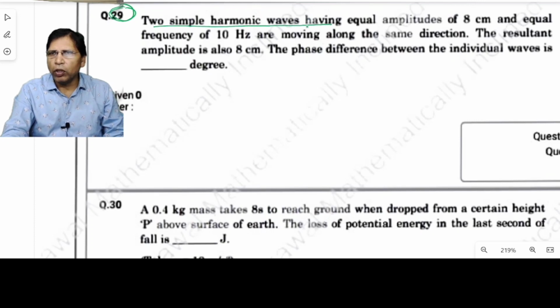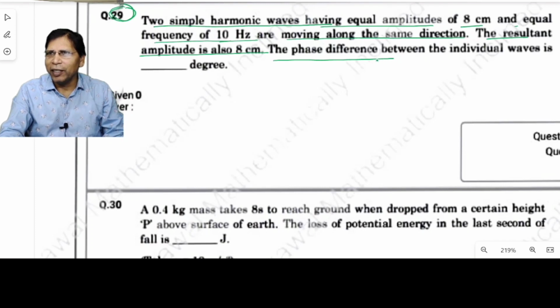Two simple harmonic waves having equal amplitude of 8 centimeter and equal frequency of 10 Hz are moving along the same direction. The resultant amplitude is also 8 centimeter.